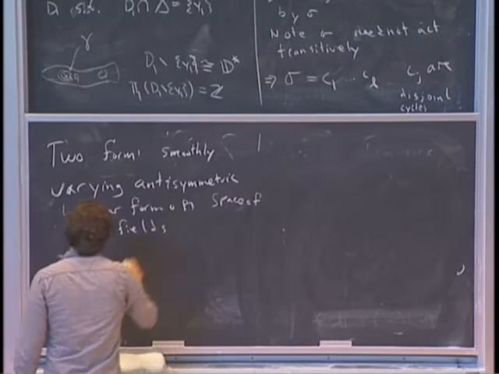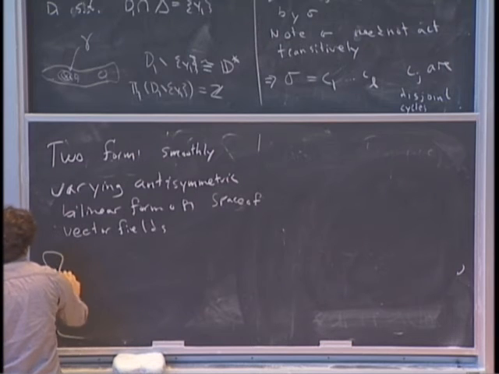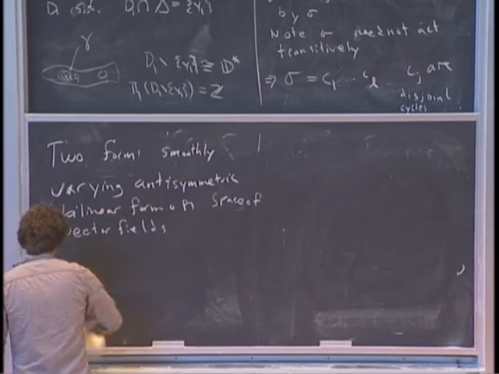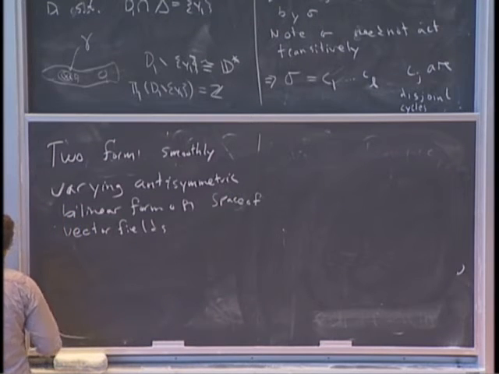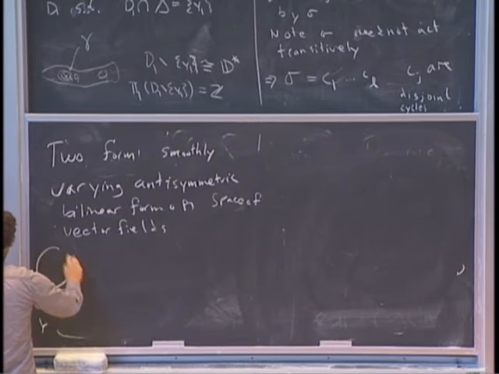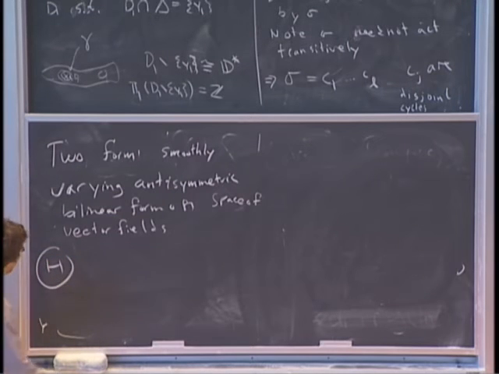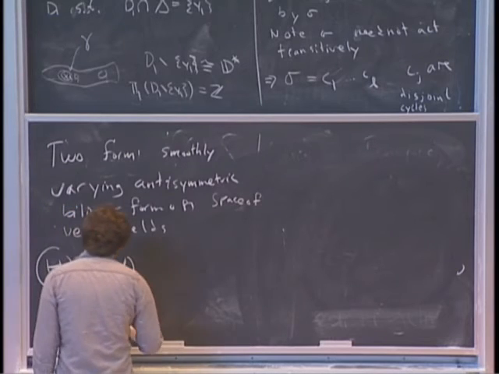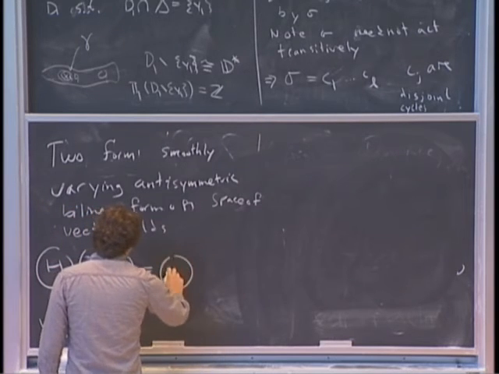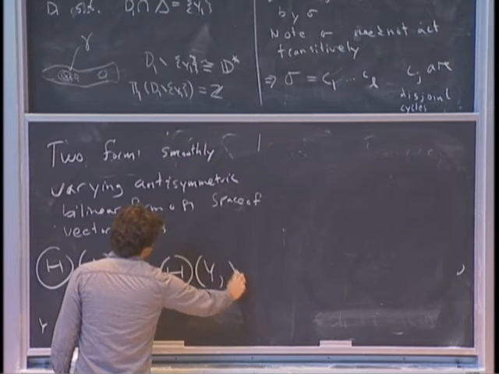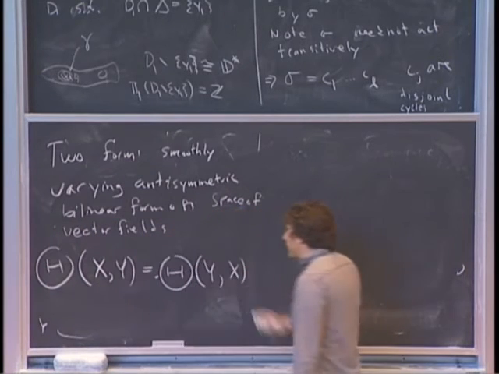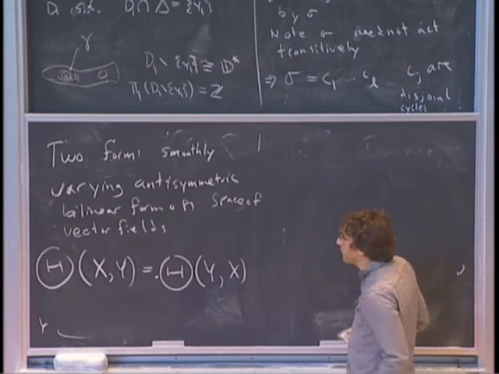In other words, let's call theta a two-form, and you plug in two vector fields, X and Y, then this is supposed to be equal to something. So again, this makes sense everywhere, but you can localize it to a point.